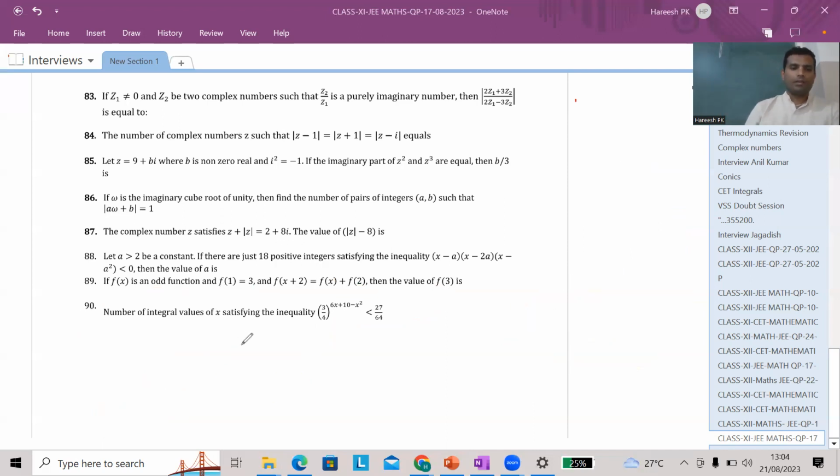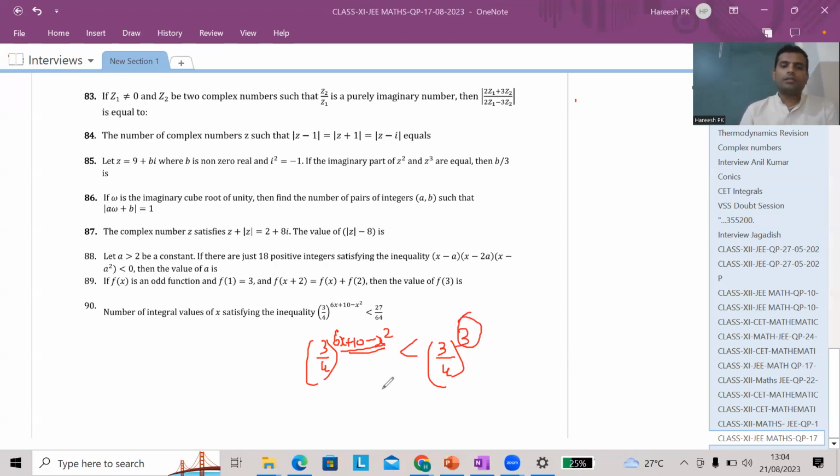Okay. Now this question, 3 by 4, 6x plus 10 minus x square. This I can write as 3 by 4 whole cube. Here the trick is, many students think this should be less than 3.